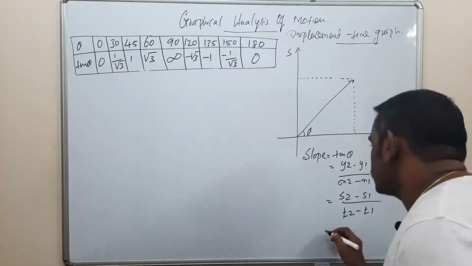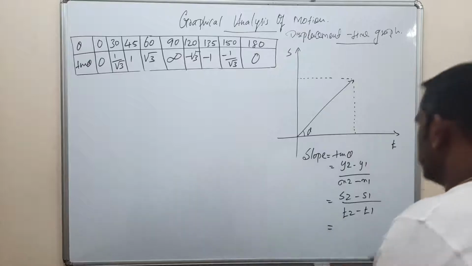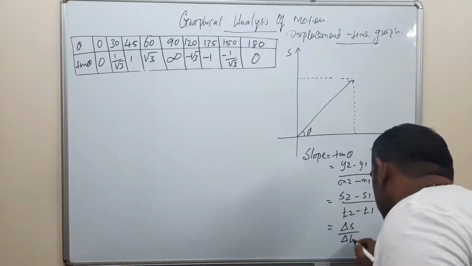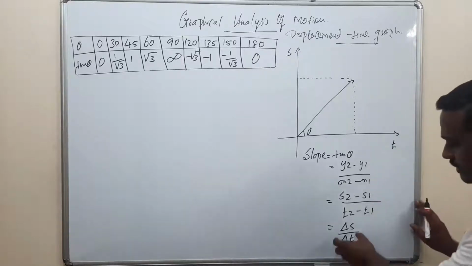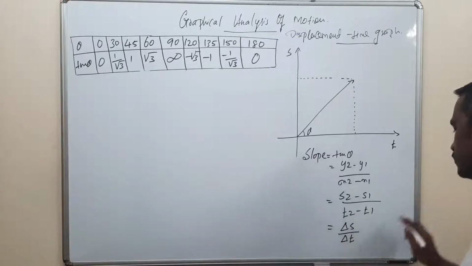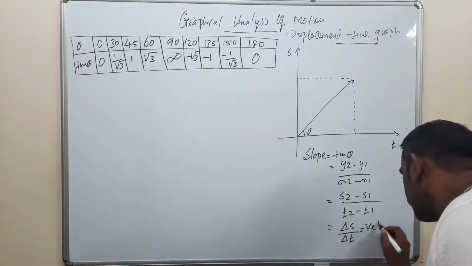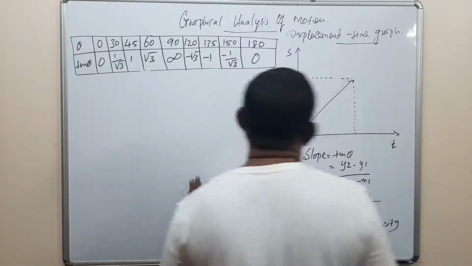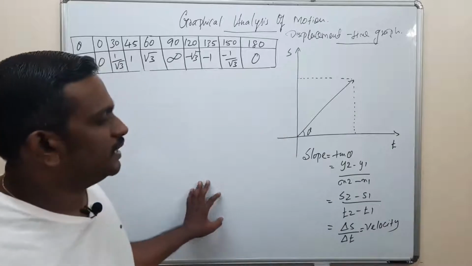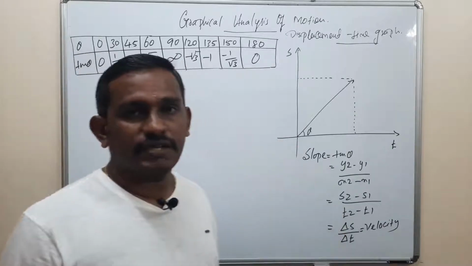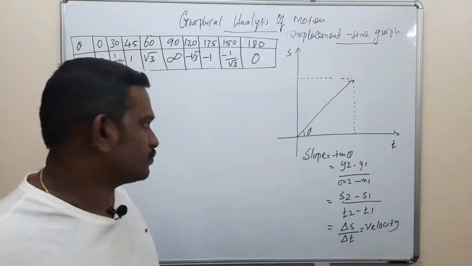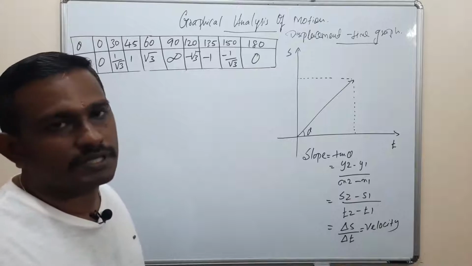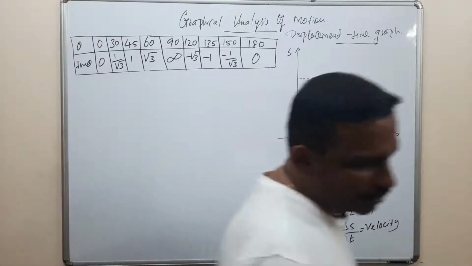So that is equal to change in displacement, delta s, divided by change in time, delta t. That is equal to velocity. So from this we can understand that the slope of the displacement time graph gives the velocity of the motion. Clear? That is very important.